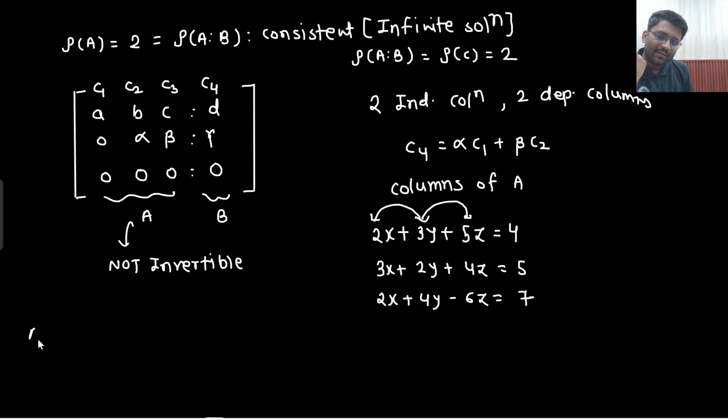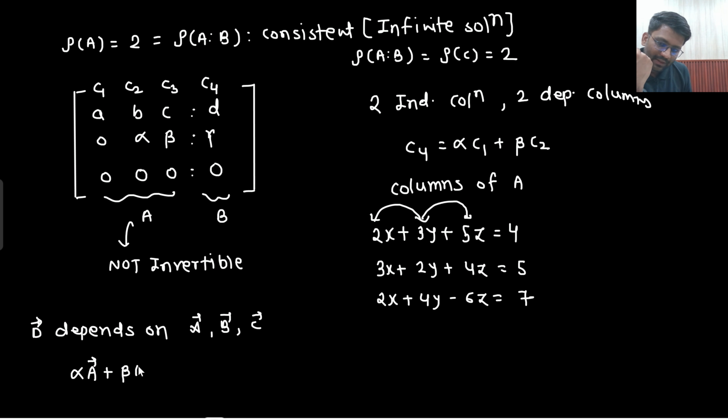If I am saying that vector D depends on A, B, C, what do I write down? Alpha A vector, beta B vector and gamma C vector will be equivalent to D vector.